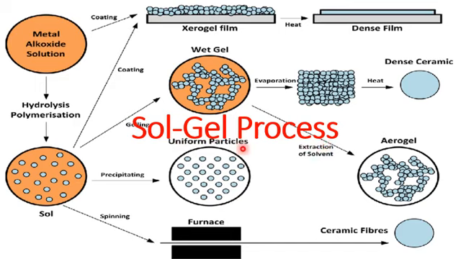Okay, so basically the definition of the sol gel process is the formation of a sol with a connected network of gel.